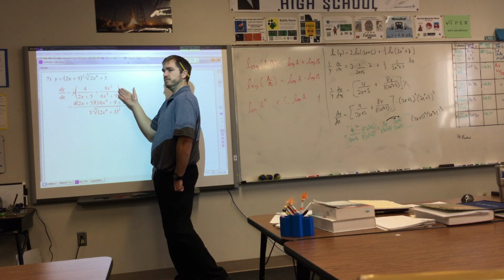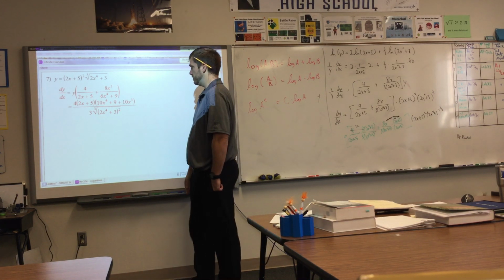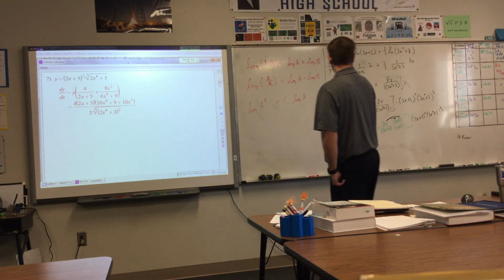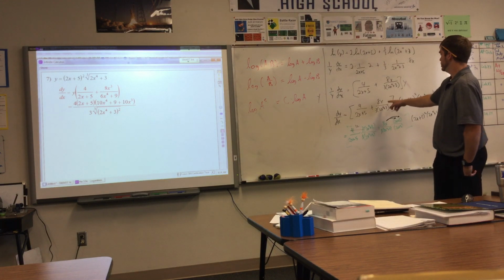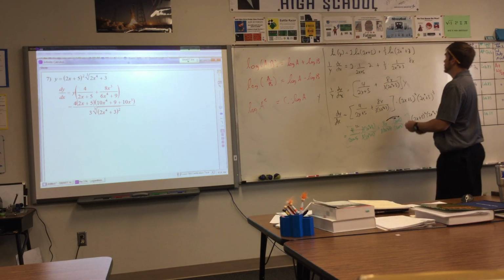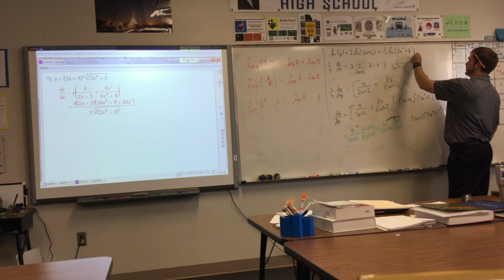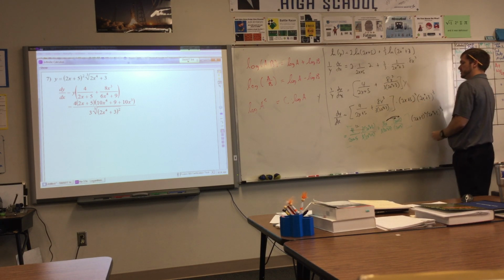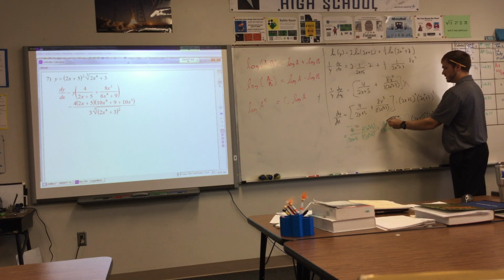Let's look at the unsimplified one. It said 8x to the 3rd, isn't that? It's 8x to the third, not 8x. Okay. 8x to the third, which would be an x to the third, so this would mean 8x to the third.